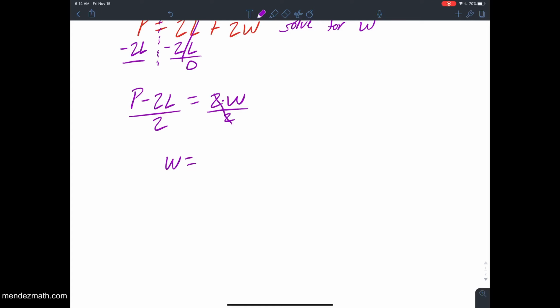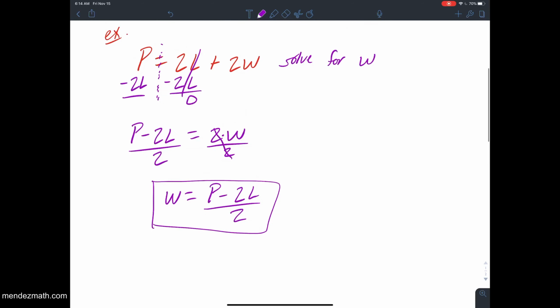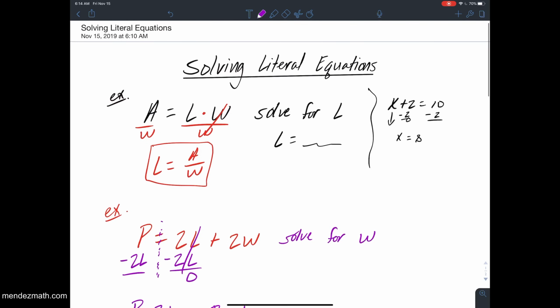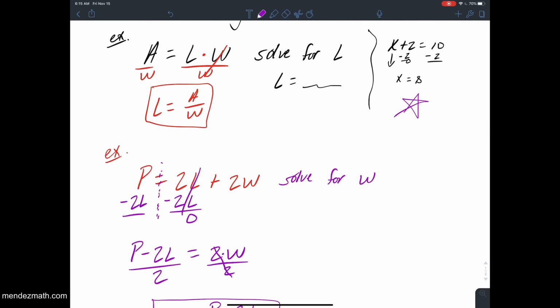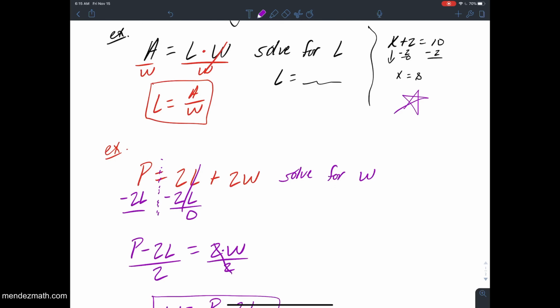W equals P minus 2L over 2. Okay? And again, it's very similar to solving the one-step, two-step, multiple-step equations that you did before, except now it's with variables.